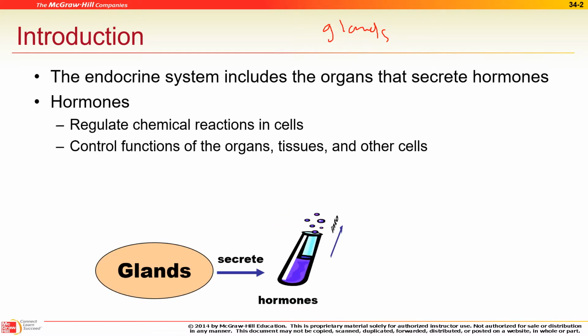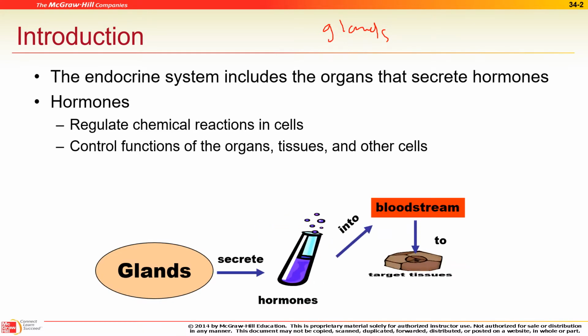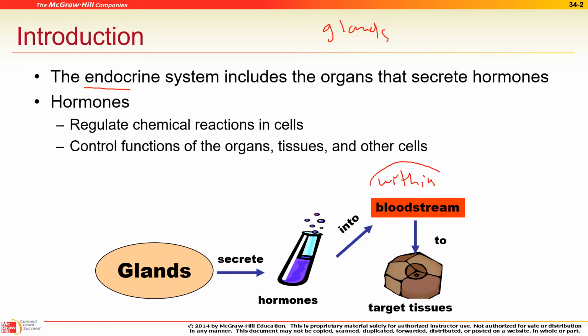So they'll produce their product that goes to the target tissue. So endo means within. So here the hormones will be circulated within the bloodstream.